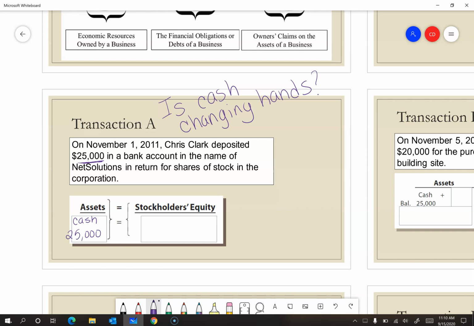Now, there's no longer owner's equity. It's referred to as stockholders' equity. And he's receiving what is called stock. And so this is going to show up on the other side of the equation as capital stock. You can't see my T there. That is your capital stock. Okay, so that is transaction A.